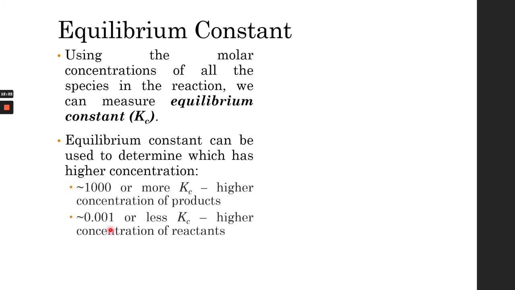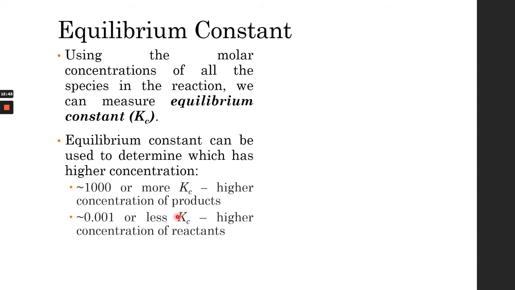If you have a Kc of 0.001 or even less, it usually does not become negative, no? It becomes really, really small. So at 0.001, this means you have a higher concentration of reactants.